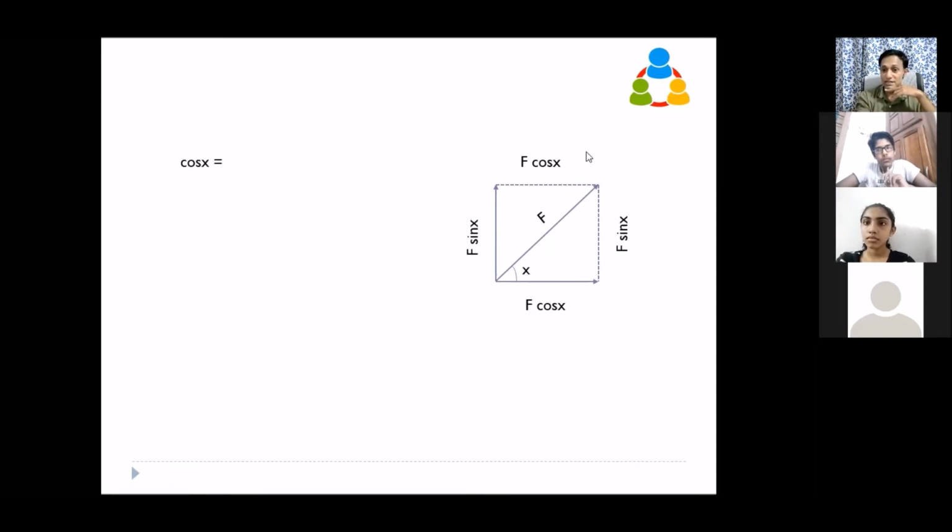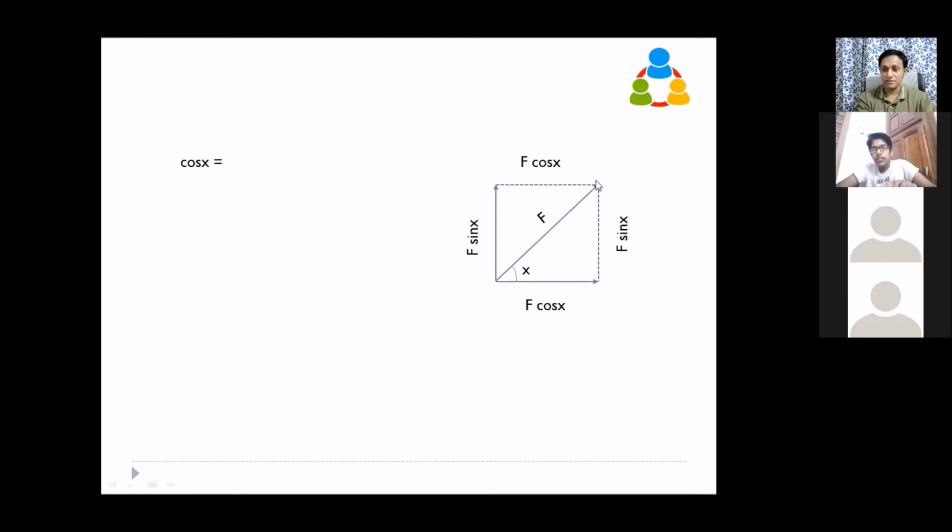If I know this is the force, if I know this is the horizontal component, if I know this is the vertical component, from that, how can I get the value of cosine? One minus root of one minus sin x square. Yeah, but sine I don't know, na? I know only these three sides.